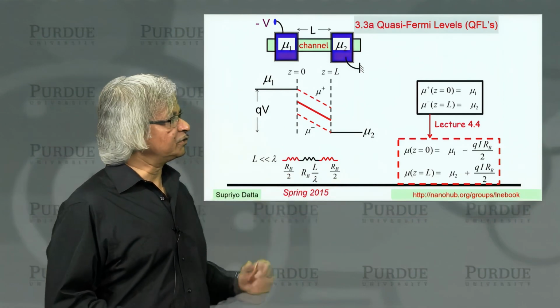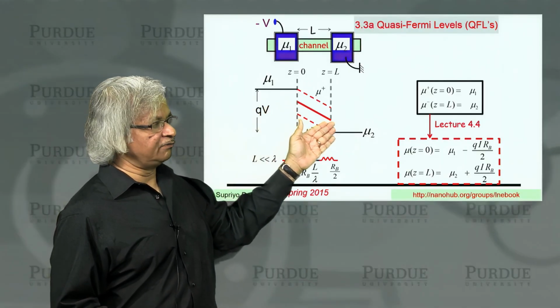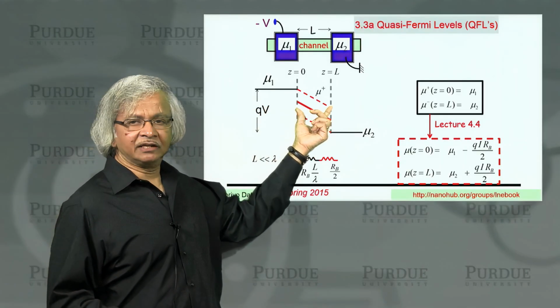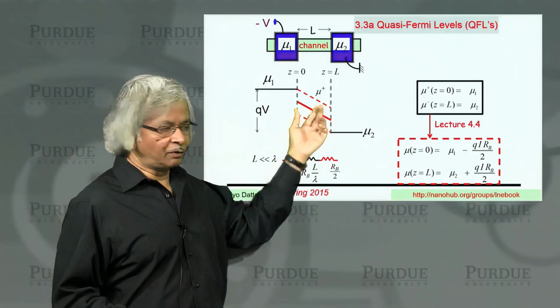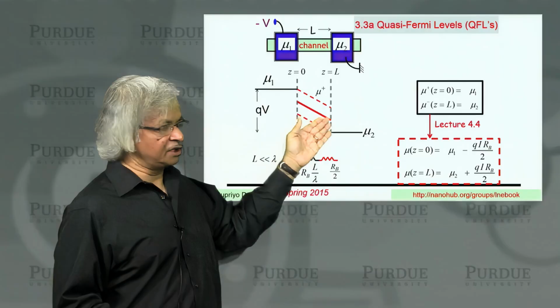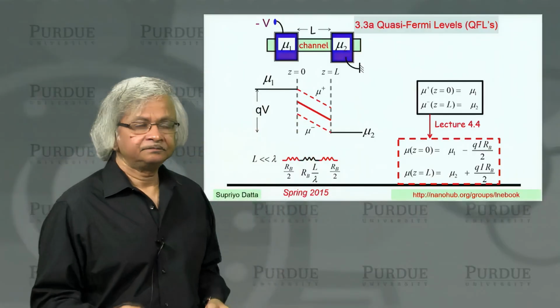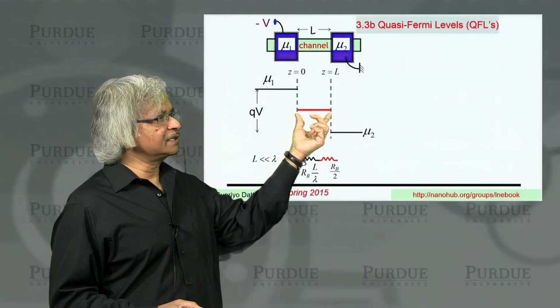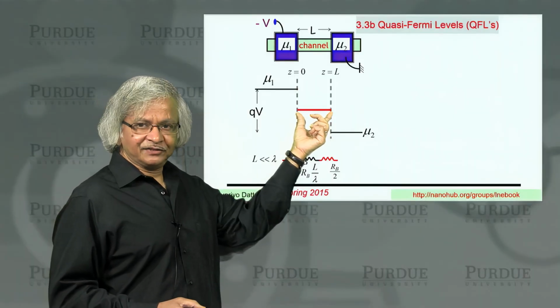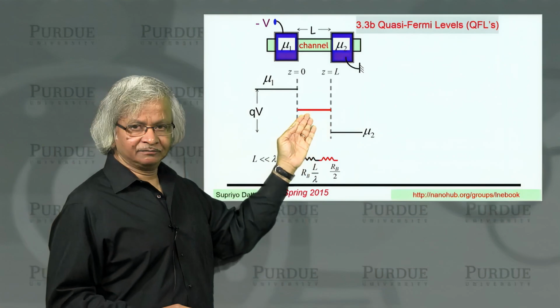So in that case, what you'd expect is that the electrochemical potential will hardly change inside the channel. Why? Because that resistance is small. This change in potential corresponds to the resistance. So you expect this will be flat inside, and the question is, why is it halfway in between?